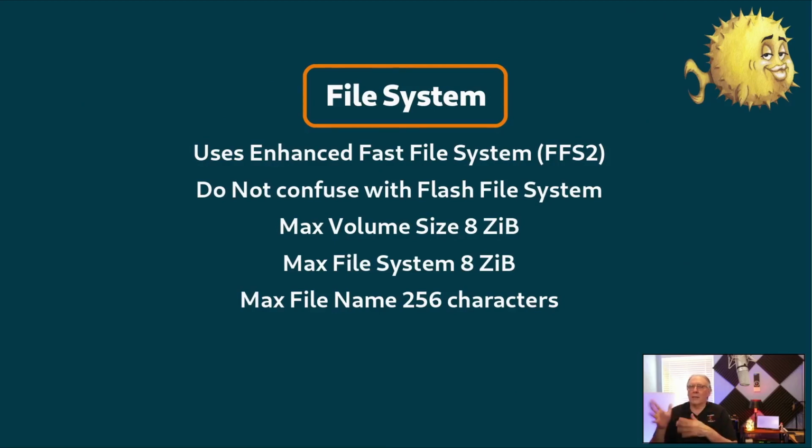This is version 2 of that, developed for OpenBSD, and a number of other BSDs use this as well. So it is a good file system. But don't confuse it with Linux's flash file system. It isn't the same. They just happen to share the same acronym.